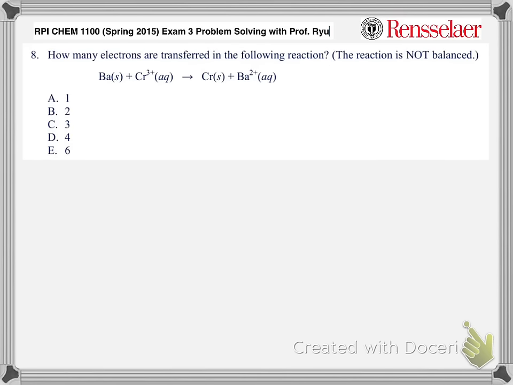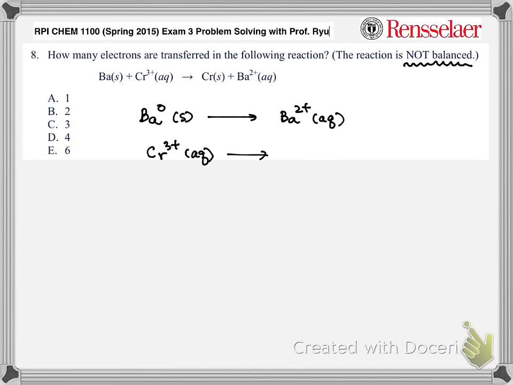Okay, the next problem is balancing the redox equation. The question mentions that the reaction is not balanced, so we need to figure out how many electrons are being transferred for the pairs shown up here. So it's barium, which is 0, solid, becomes barium 2 plus in aqueous solution, whereas the other pair is chromium 3 plus aqueous becoming chromium 0, which is solid.